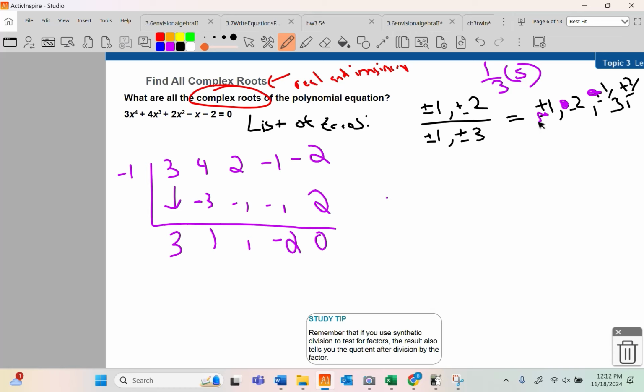You have successfully pulled an x out. You've gone from x to the 4th down to x cubed. You need 1 more. Now, if you go back in and plug in up here, you're reducing x to the 4th to x cubed. This is what you want to work with, because this is 3x cubed plus 2x plus x minus 2.